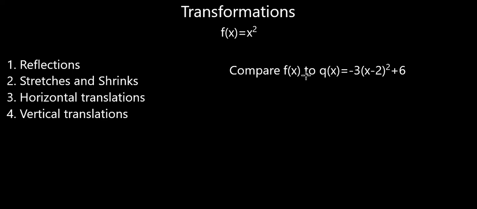Here we have q of x equals negative 3 times x minus 2 squared plus 6, and we want to compare it to our function f of x equals x squared. So basically, I want us to list all of the different transformations.